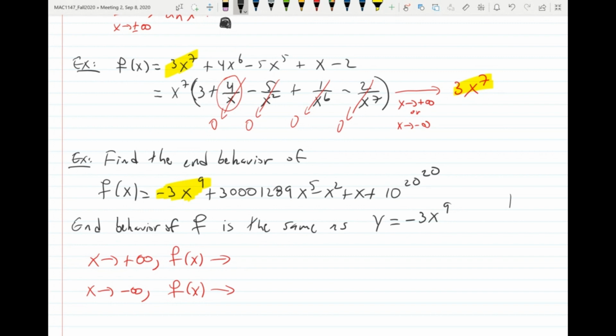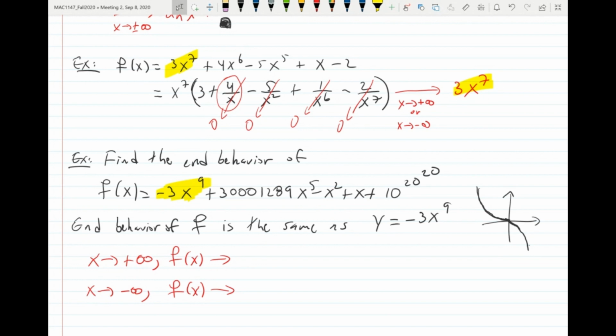X to the 9 will look like a cubic, but because of the negative, remember, you have to flip it, right? So this power function would have this sort of shape. Yes, this will be more or less the shape of the power function y equals negative 3x to the 9. Everybody okay with this?